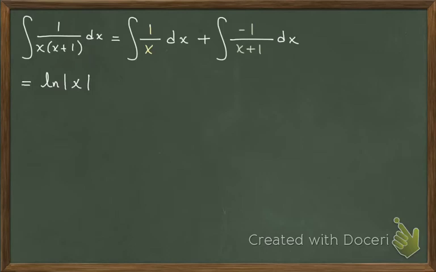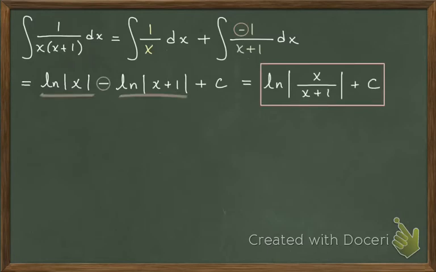I can do a quick u sub. I don't even really have to. I'm going to get a natural log from that as well. If u was x plus 1, du would be dx, and my integral would end up like minus du over u. That's going to give me a minus natural log of x plus 1 plus c.